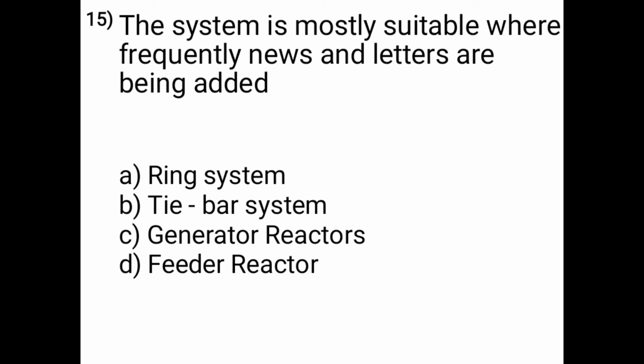The next question is: the system is mostly suitable where frequently new generators are being added. The options are A ring system, B tie-bar system, C generator reactor, and D feeder system.